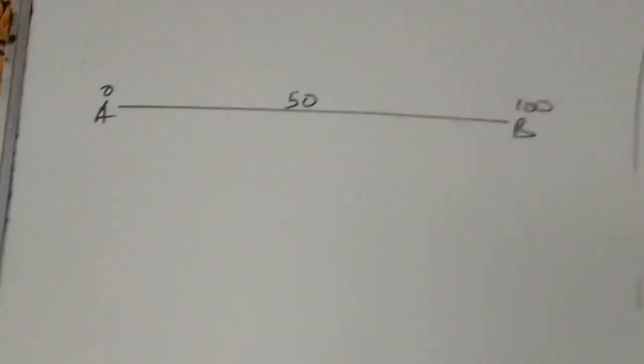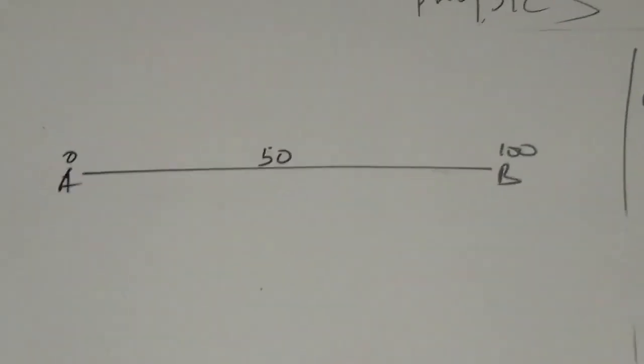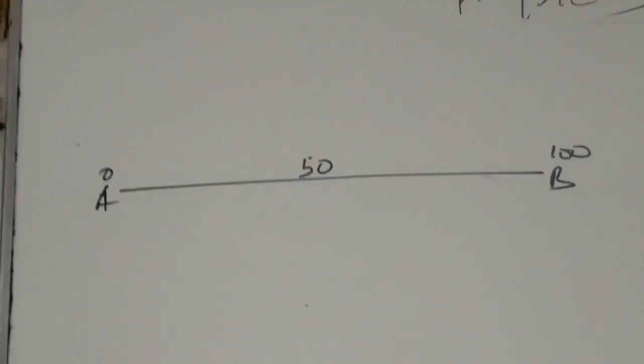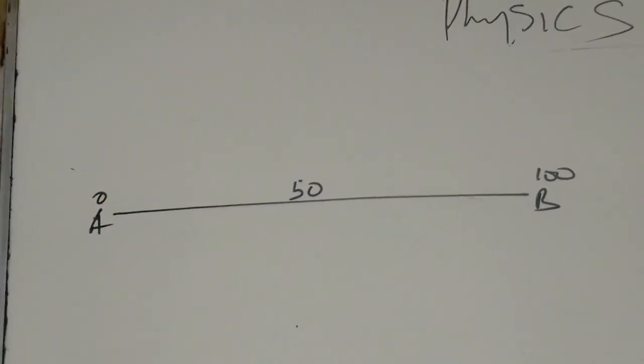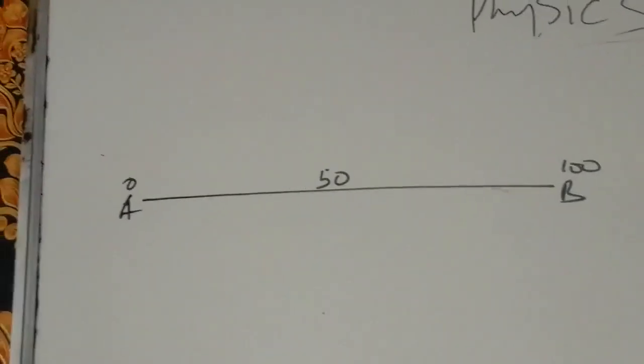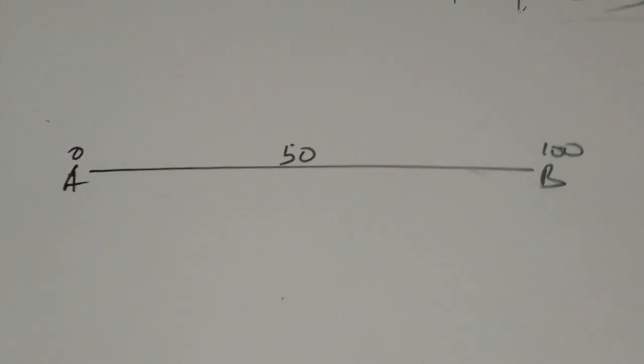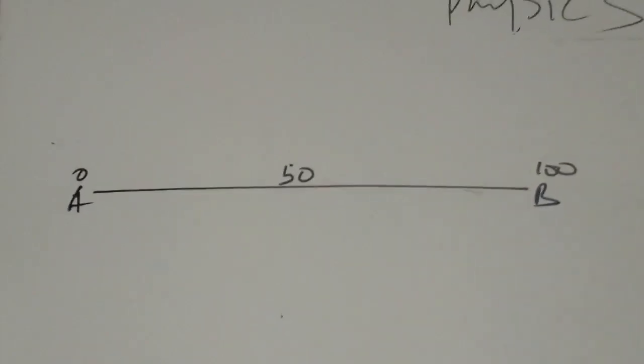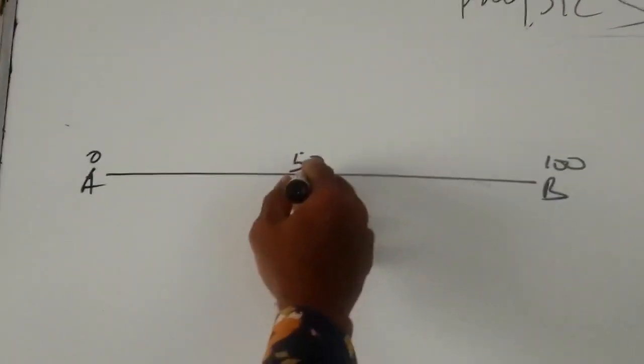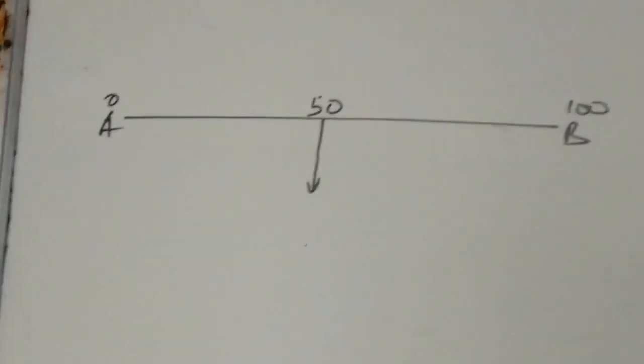If it's a rod of 120 cm, a uniform body, the center will be at 60. If it's a rod of 150 cm, a uniform body, the center will be at 75. At this point where you have the center is where you locate the mass or the weight of the meter rule.